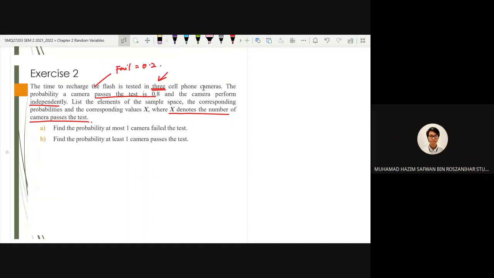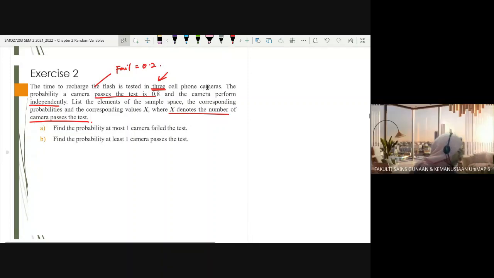Can you try for 1 minute? You have 3 cell phones. The first test will be pass or fail. Given the first pass or fail, you get the second test, which also has pass and fail, and then continue to the third cell phone.